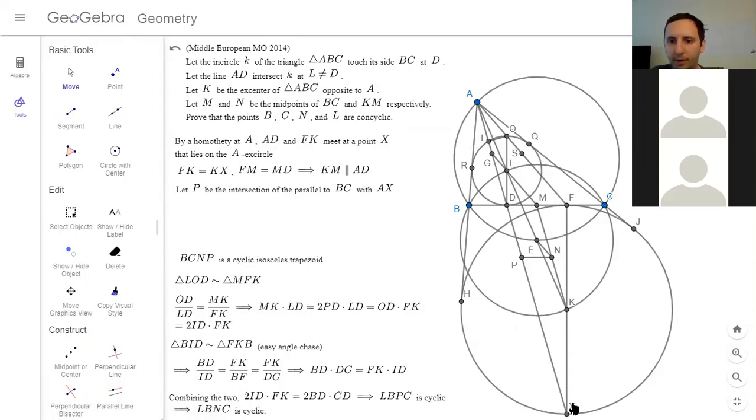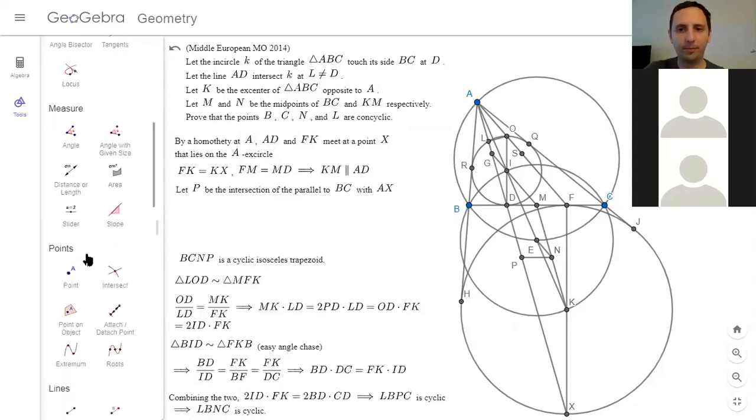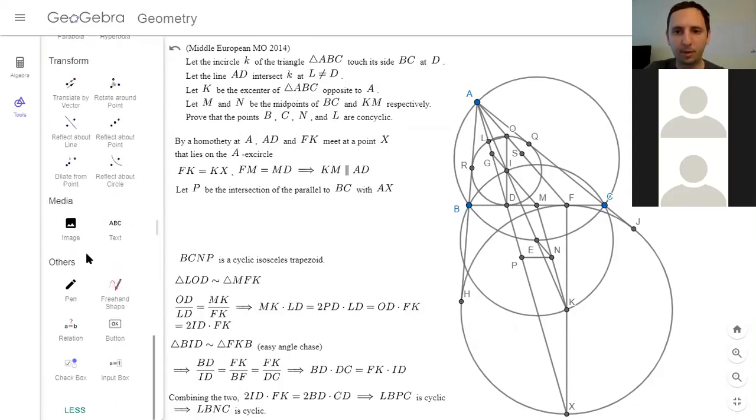By symmetry, it's obvious that BPC is an isosceles trapezoid. Actually, it's not obvious, but we can prove that DP equals FN. After that, it's obvious.